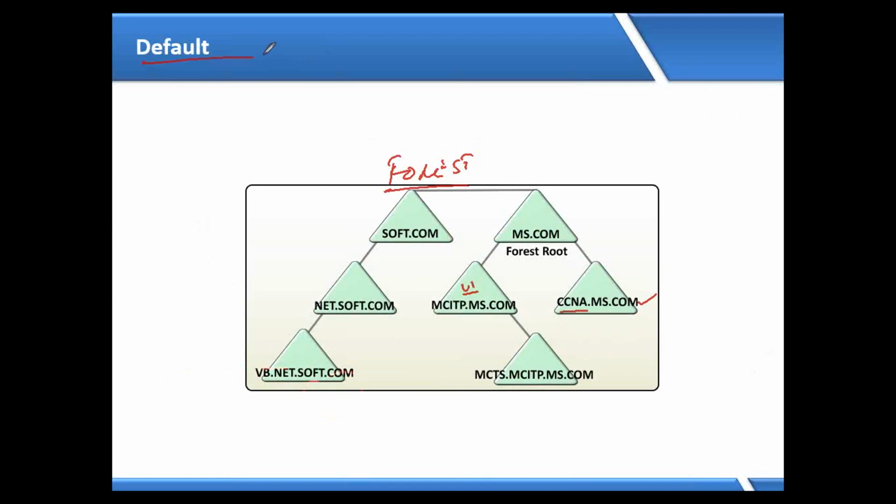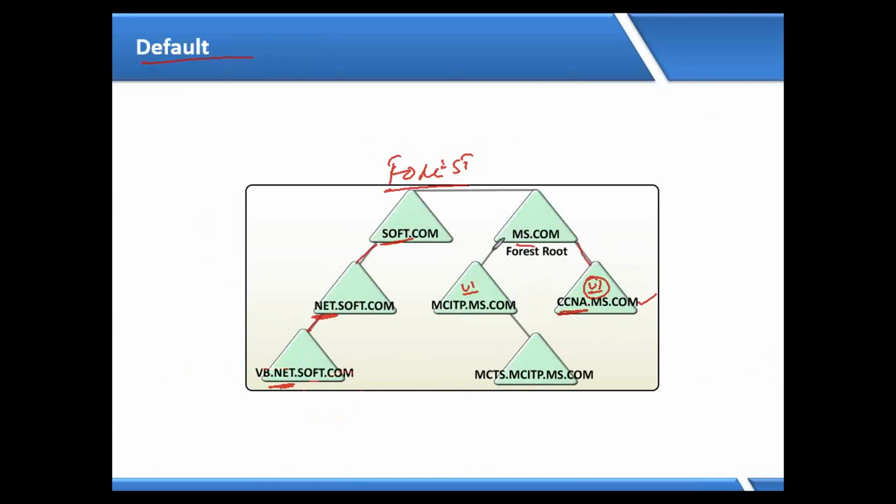Default trust is a trust between parent and child and between two roots of the trees. Now this link is nothing but a trust. This is a child, this is the parent. This one is a child and this is the parent. That is a trust between parent and child. Now for example, U1 of MCITP wants to log into CCNA, so he will contact the parent ms.com.